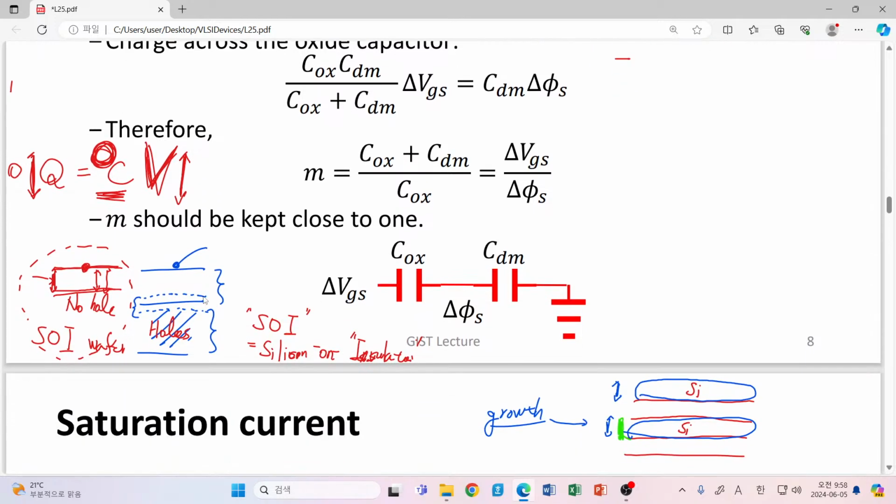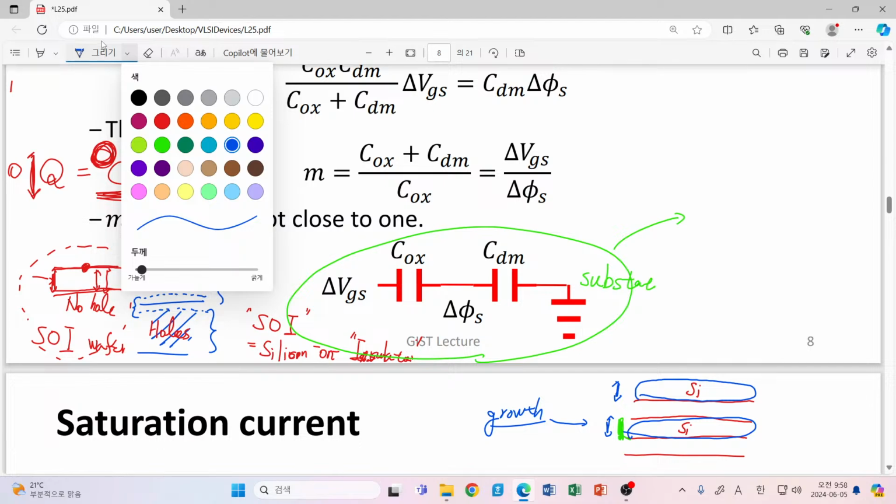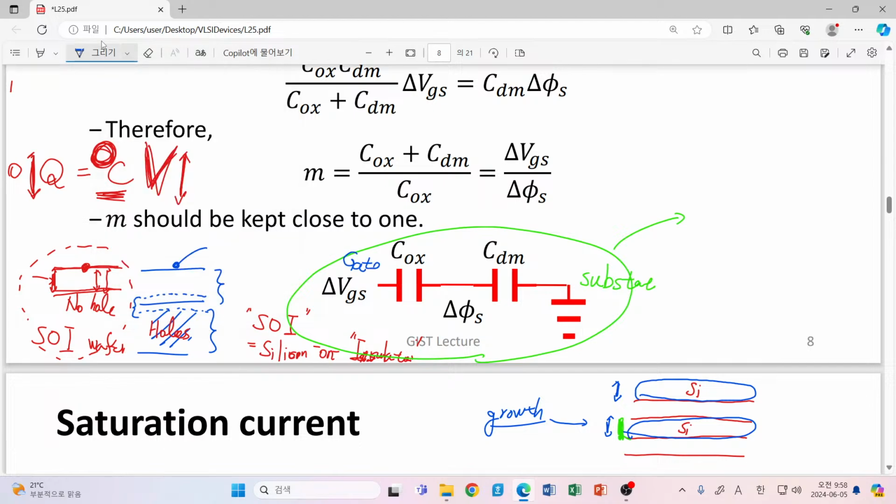Please have a look at this graph, and this is the situation of our MOS structure. Where can you find your substrate? Your deep substrate is located here. And where can you find your gate material? You can find your gate material here.